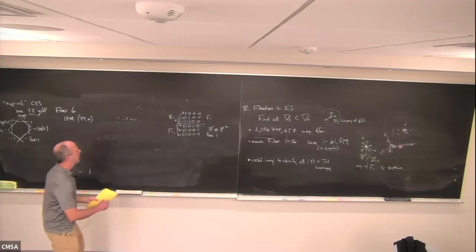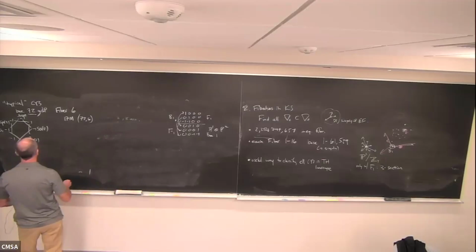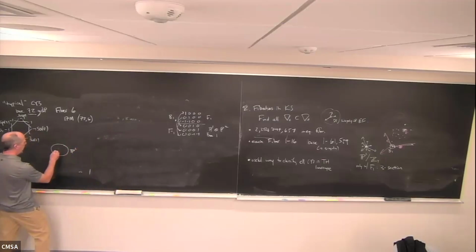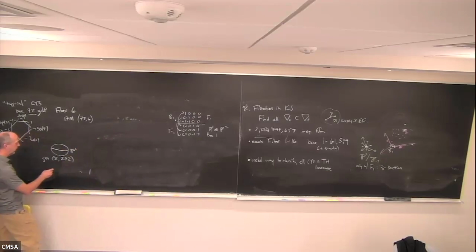I'll just tell you one more example since I'm going to have 10 more minutes. One nice example that we have is if you take the base P2, in the physics language, the generic elliptic fibration here is the one which has Hodge numbers (2, 272), right? The 272 is basically the number of complex structure moduli. h11 of X is h11 of the base, which is 1, plus 1, which is the fiber.